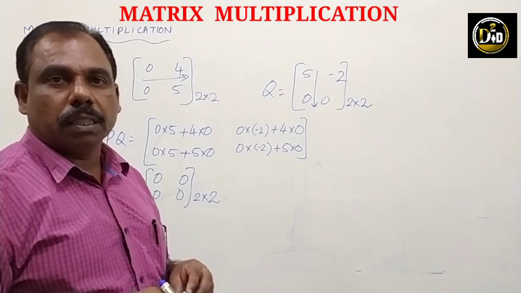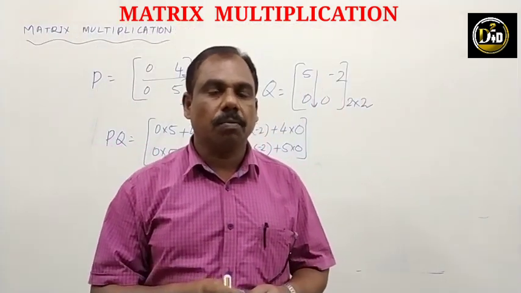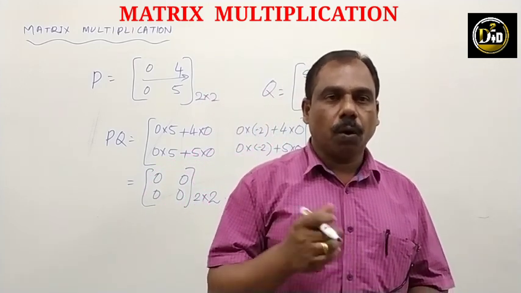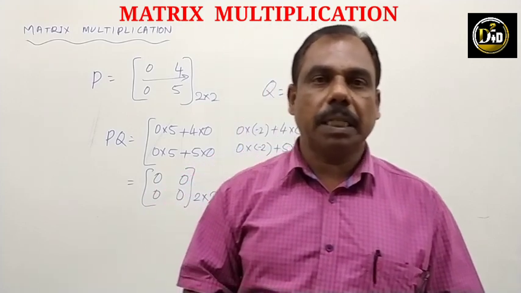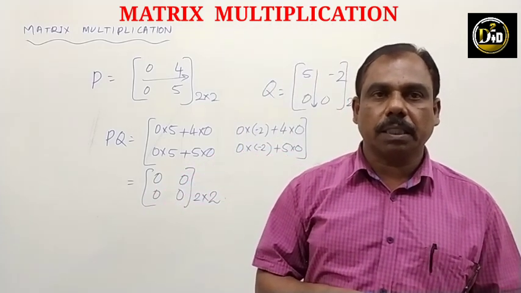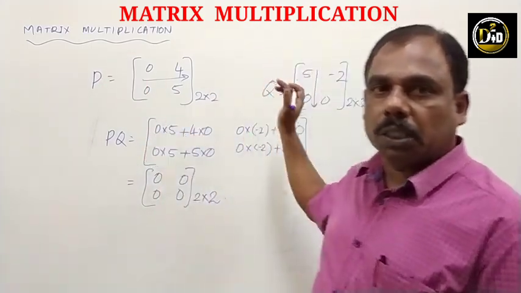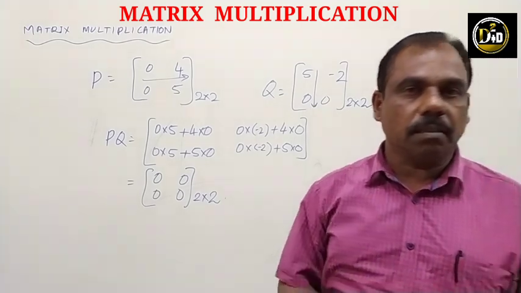In case of real numbers, when the product is equal to 0, we say that at least one of them is equal to 0. But in case of matrices, if the product is equal to 0, it does not imply that at least one of the matrices is a zero matrix. So this is a typical example where P is non-zero, Q is non-zero, whereas the product PQ is a zero matrix.